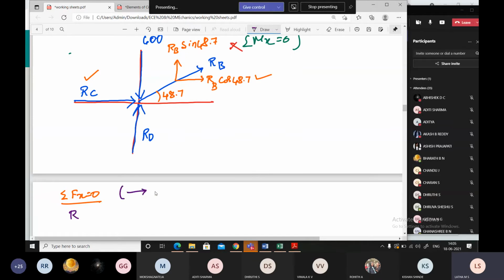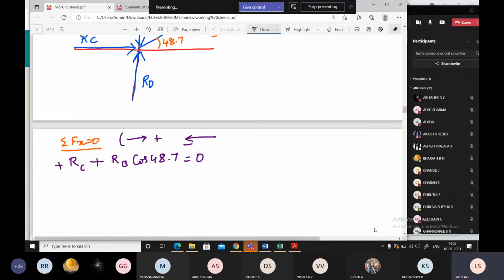Moving right is positive, moving left is negative. So plus RC, plus RB cos 48.7 equals 0, and we don't have any other force.